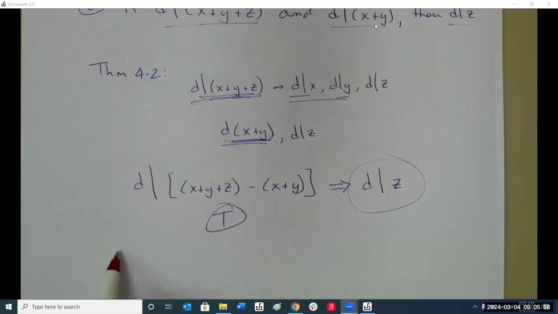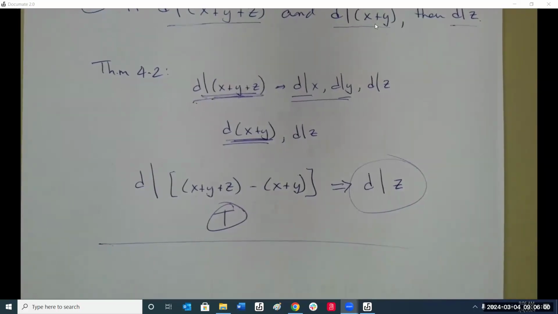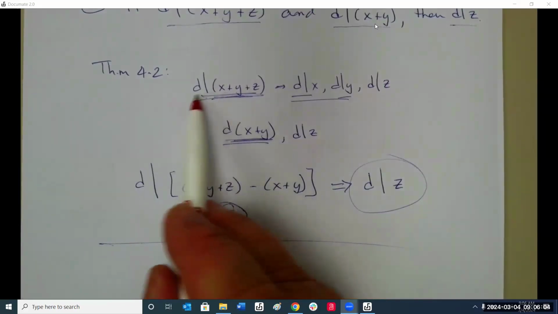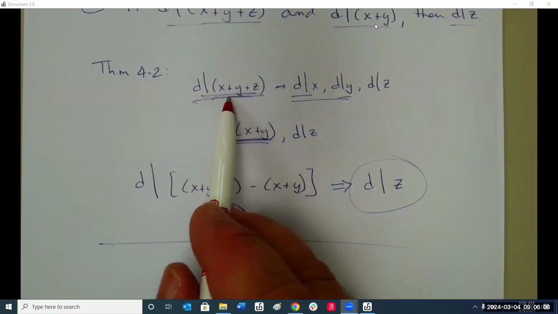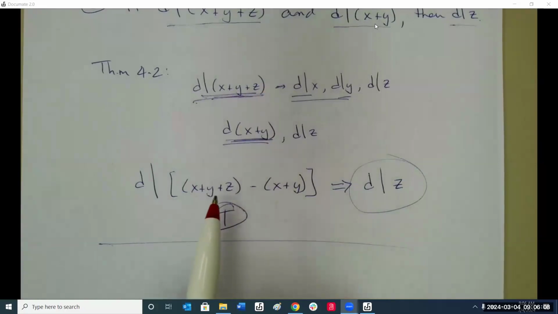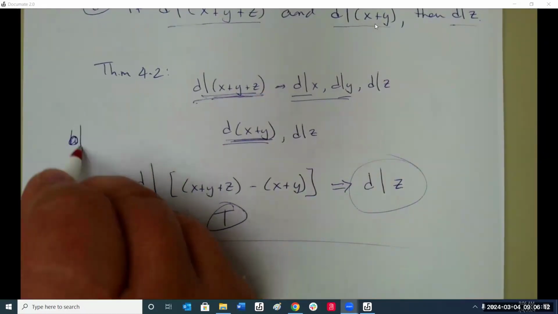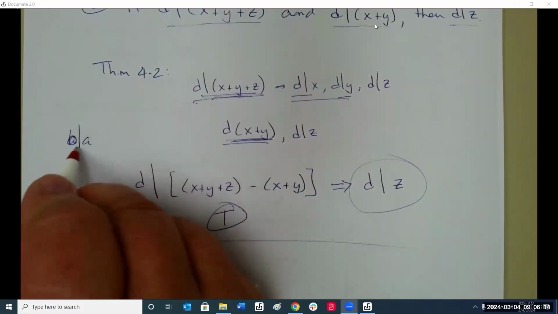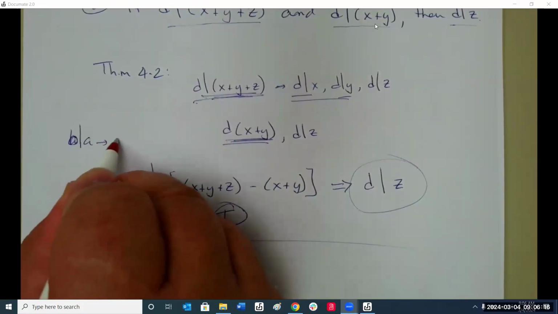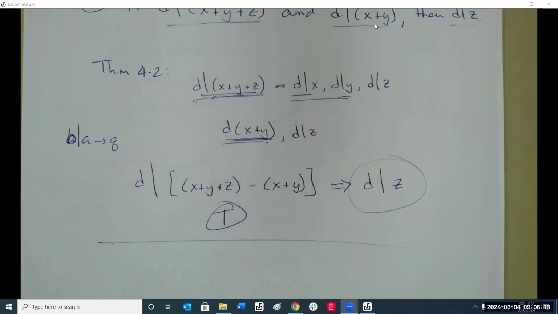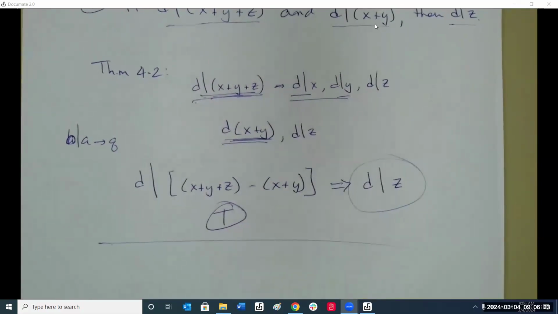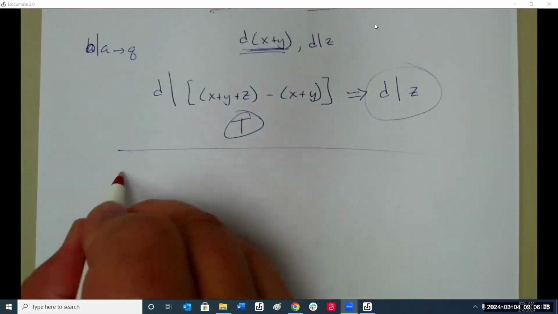That was a thinking one. But remember, for these to be true, they have to be unique. For B dividing A, it has to equal some unique number. Think of the first example we did. Let's look at example 3.